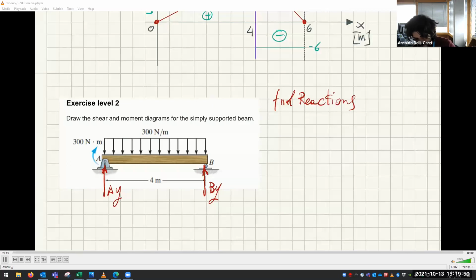We only need 2 reactions, AY and BY, so only the Y and Z. Let's do it around A. So first of all, we have a distributed load here. So how do we treat a distributed load? A distributed load is an equivalent force applied in the middle. In the middle means here.